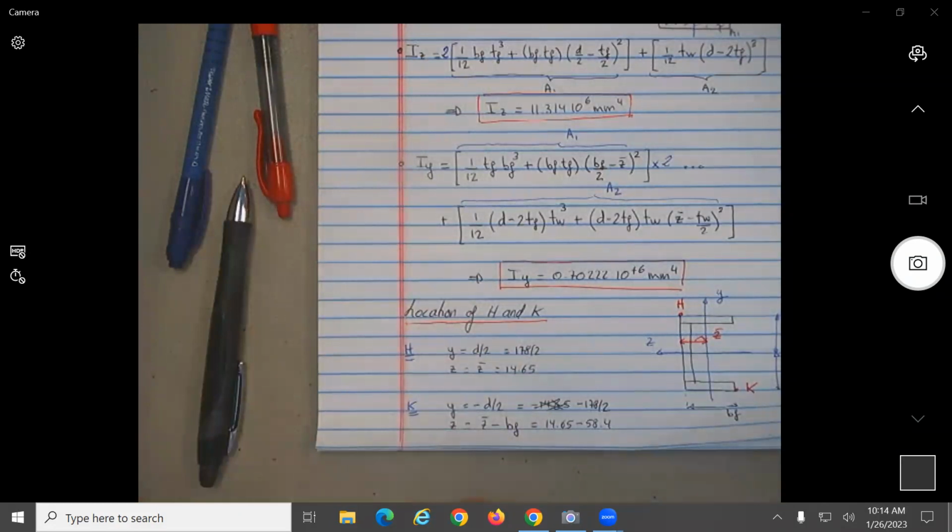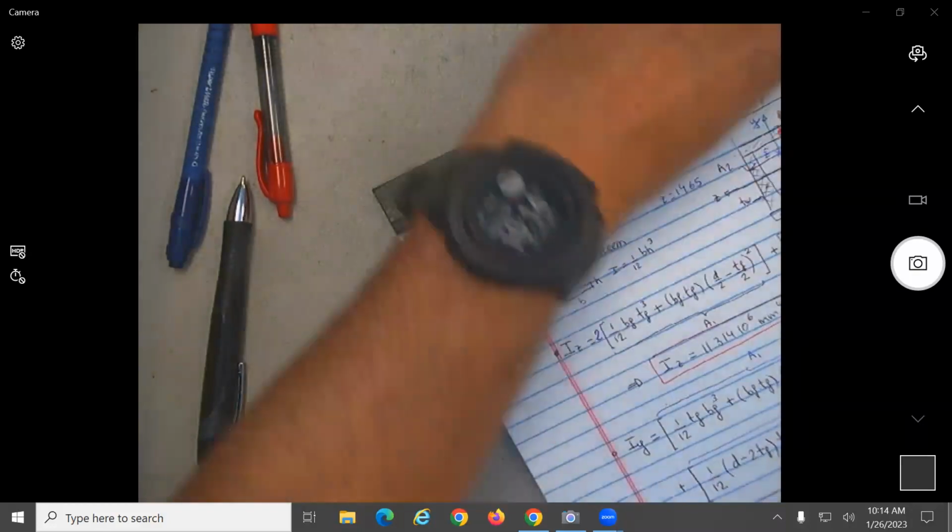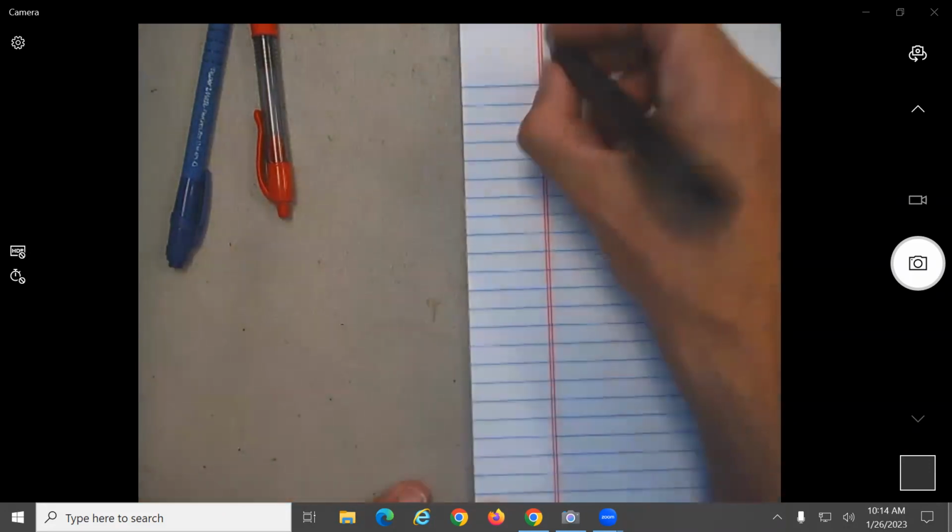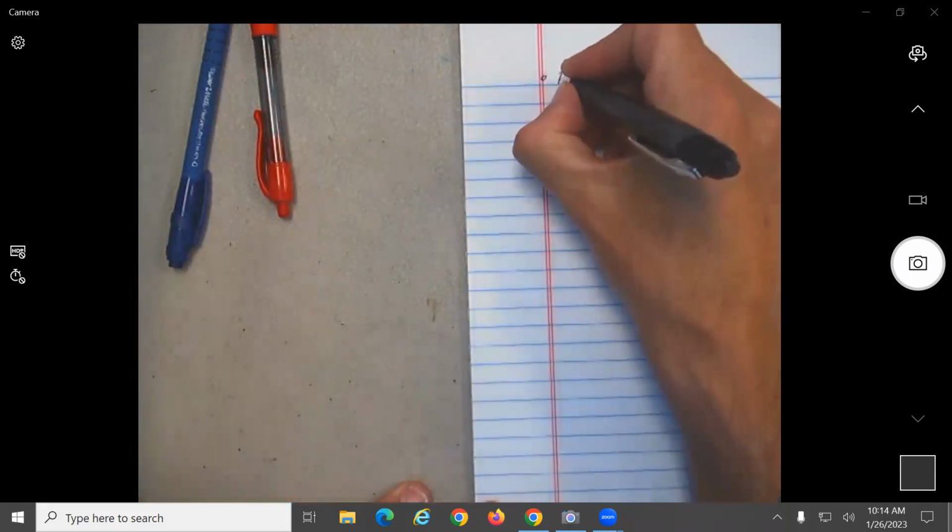Okay, so now we have everything in order to calculate the bending stress. So let's say here now we can calculate the bending.